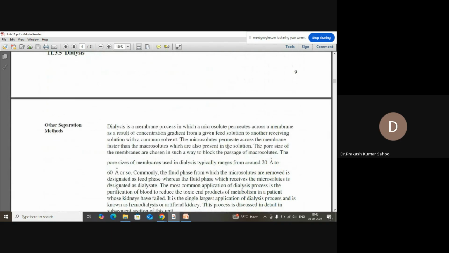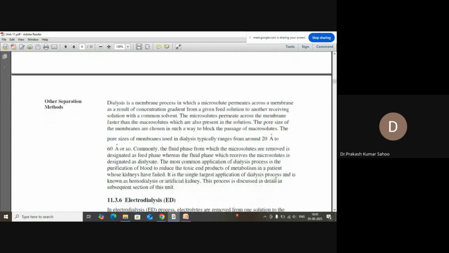In dialysis, dialysis is a membrane separation technique or process in which microsolutes permeate across a membrane as a result of concentration difference, and we have the particular range of pore size of membrane, that is 20 to 60 angstrom, in dialysis.